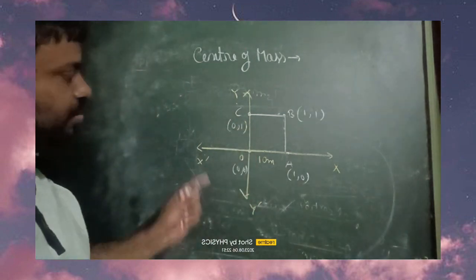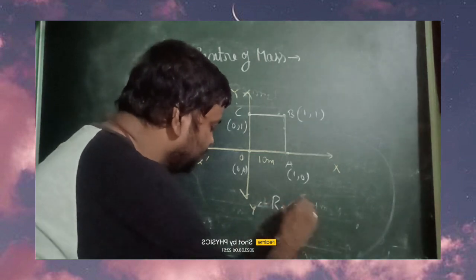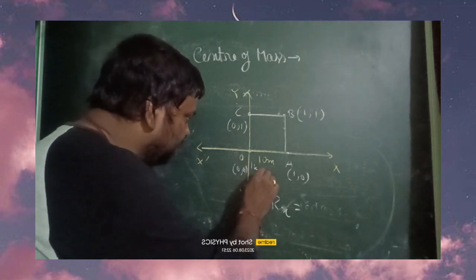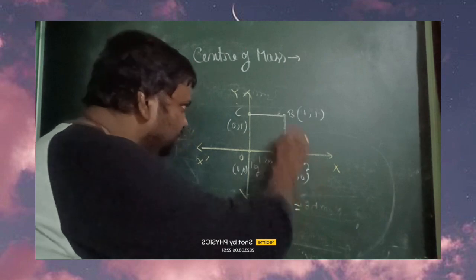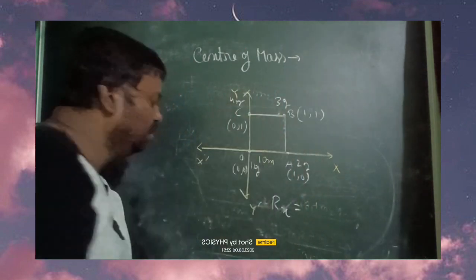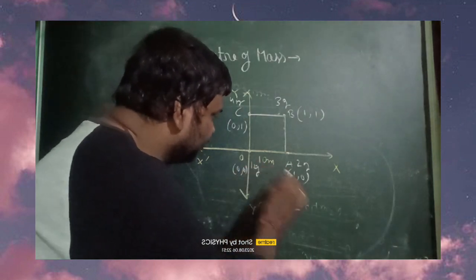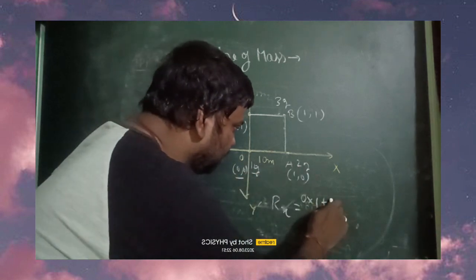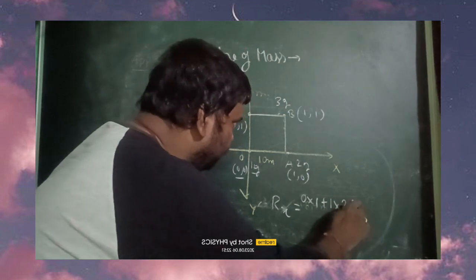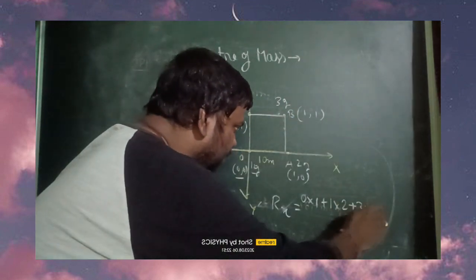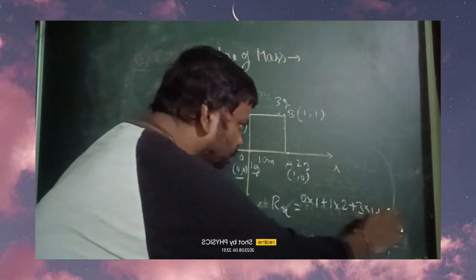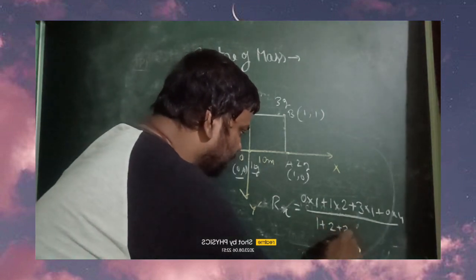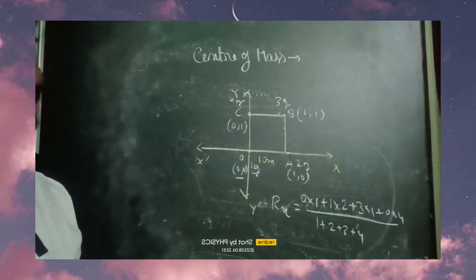Now the center of mass Rx is equal to, if we consider the masses to be 1 gram, 2 gram, 3 gram and 4 gram, we will write 0 into 1 plus 0 into 1, and for this 1 into 2 plus 3 into 1 plus 0 into 4, by the total mass, 1 plus 2 plus 3 plus 4. We can find the center of mass along x.